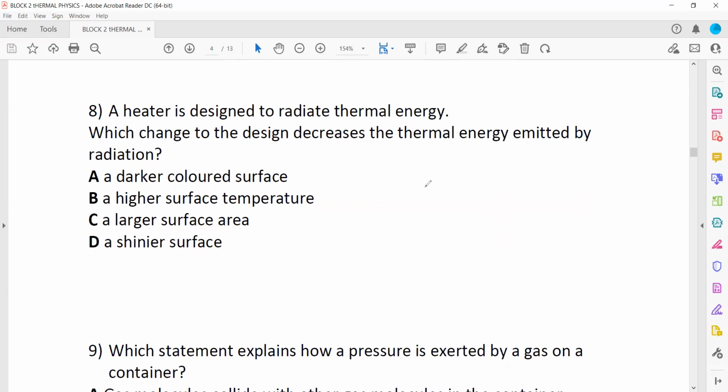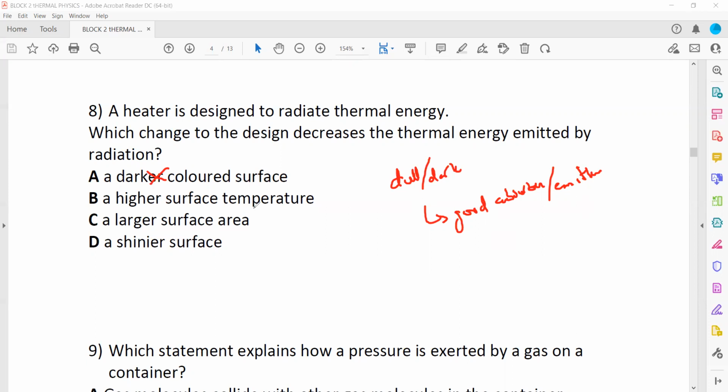Dull and dark surfaces are good absorbers. If the surface is dull or dark, it will be a good absorber and emitter. So it will absorb energy and it will emit energy also. So we don't want to make it dull or dark.